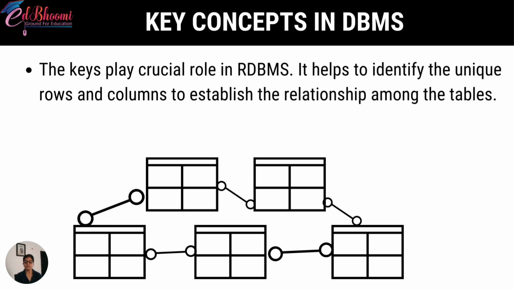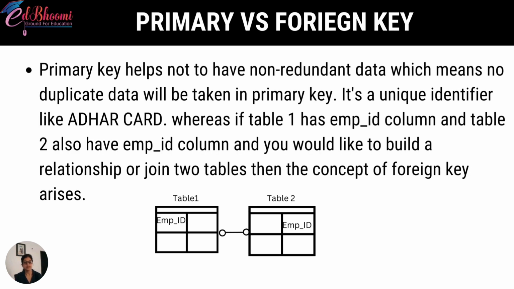We have key concepts in DBMS. Keys play a crucial role in RDBMS. They help to identify unique rows and columns to establish the relationship among the tables, as we already know is the meaning of the relational database. The two major keys used in DBMS are the primary key and the foreign key.